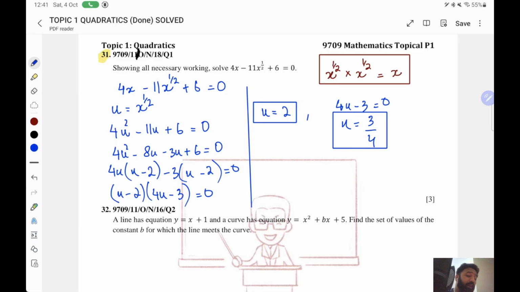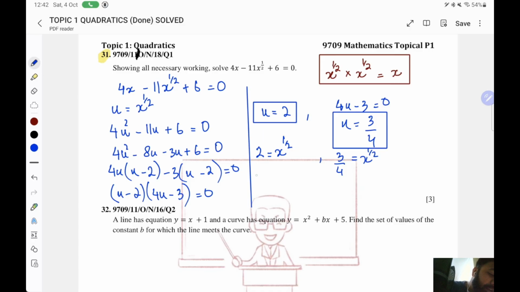Now these are the two values of u, but remember he's not asking you to find u, he's asking you to find x. Now u is equal to x power 1 by 2. So you will write down 2 is equal to x power 1 by 2, and on the other side 3 by 4 is equal to x power 1 by 2. Now when you take this power to the other side, it will flip.